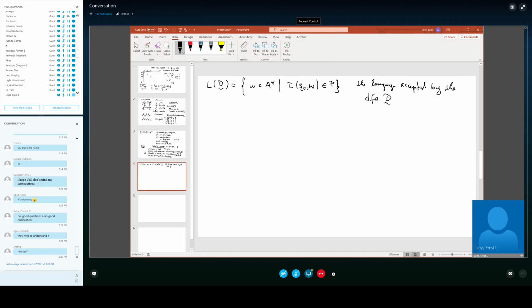So this is, of course, where we need the extension of the transition function to words rather than just letters. And that means that now tau of Q0 and W is a state for any word W. And for that state, we can then test, is it a final state or not?